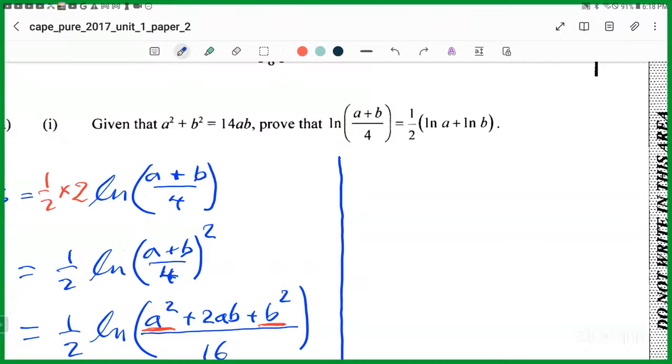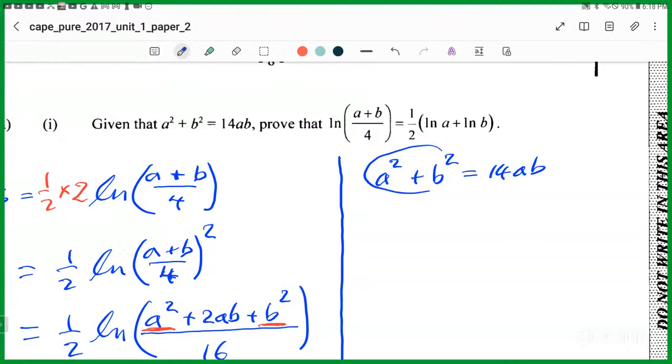All right, let's see. So I'm trying to get this expression, and then log it out of all of this. So if I have a squared plus b squared, you tell me that a squared plus b squared is equal to 14ab.